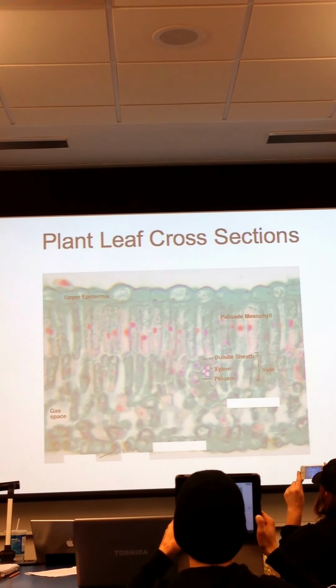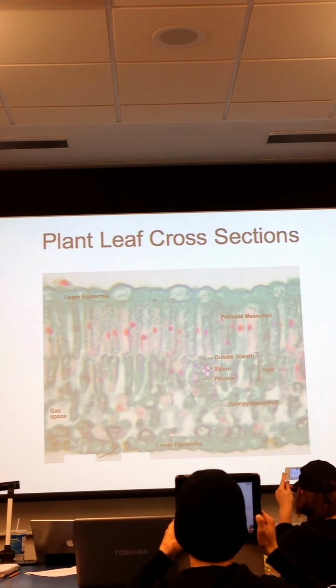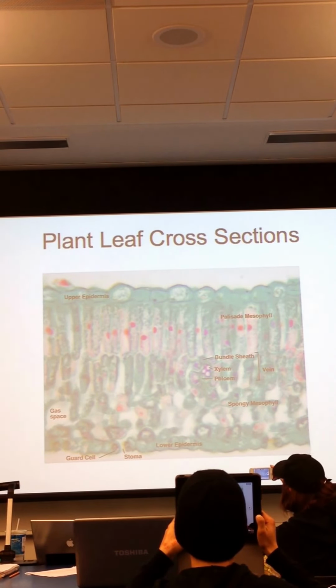In your vascular bundle, you have your larger empty xylem and your smaller filled-in phloem. Then you have your lower mesophyll and your lower epidermis, and this is where you can see the real difference here, Peter. The opening or pore is the stoma, and the cells on the side of it are the guard cells. That's the entirety of that picture.